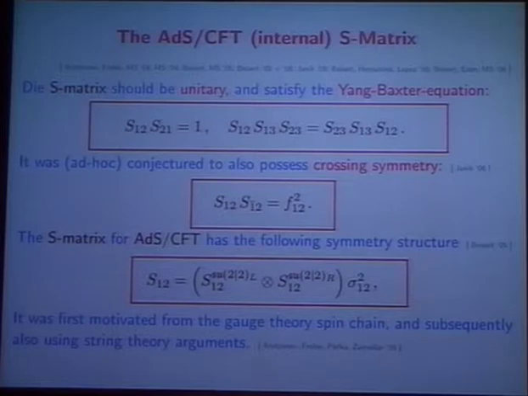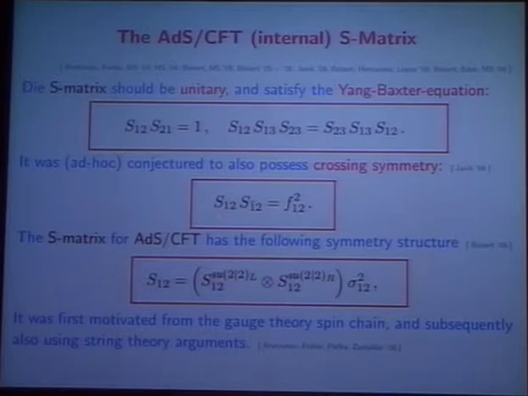Now, this S matrix, after the work of lots of people, was finally completely found, including the so-called dressing factor, the phase factor in front of the S matrix. It is unitary and satisfies the Yang-Baxter equation. It satisfies an additional crossing relation, a conjecture. We don't have any proofs because we don't know what the antiparticles are, but Janik argued that there should be antiparticles.